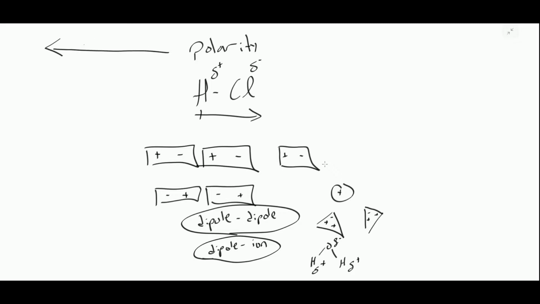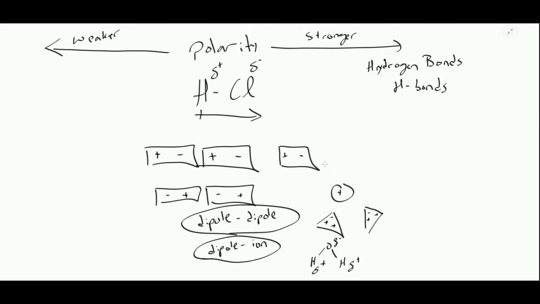So over here on one end, you have weaker, generally speaking, interactions. And over here, you have stronger interactions. The stronger interactions are hydrogen bonds, or H bonds.